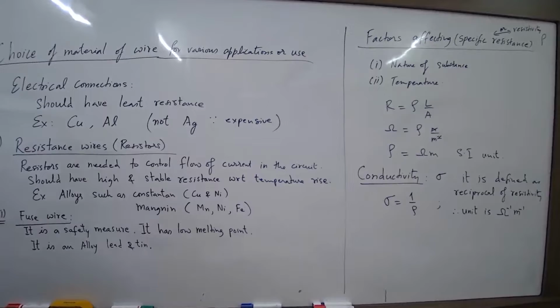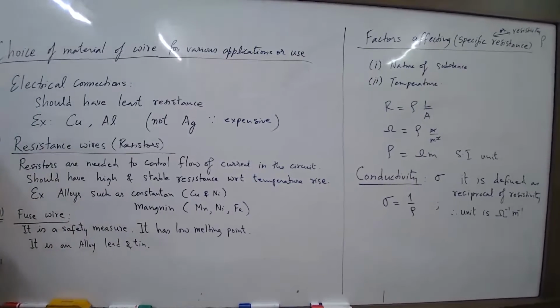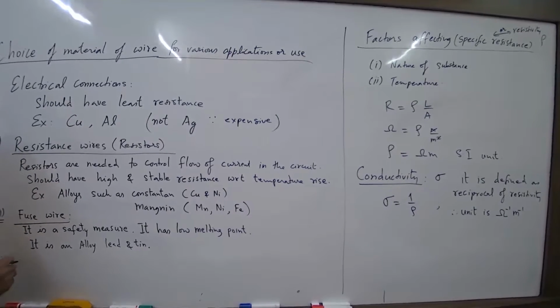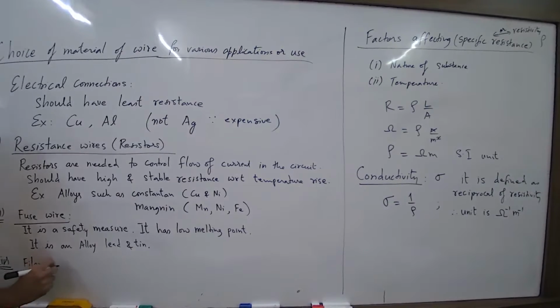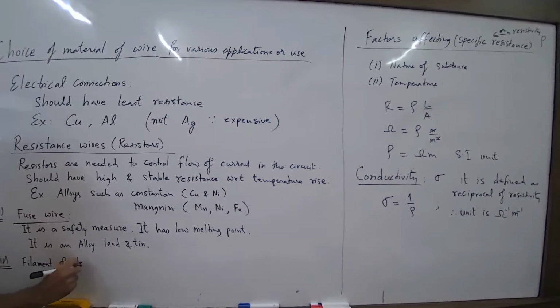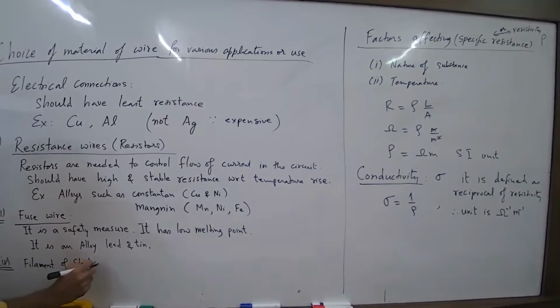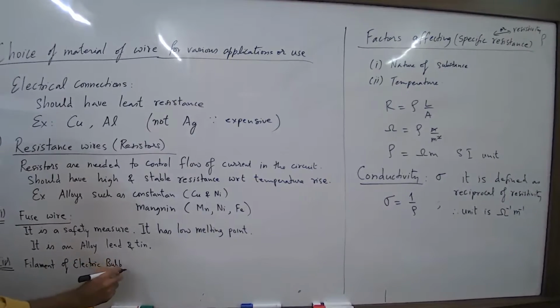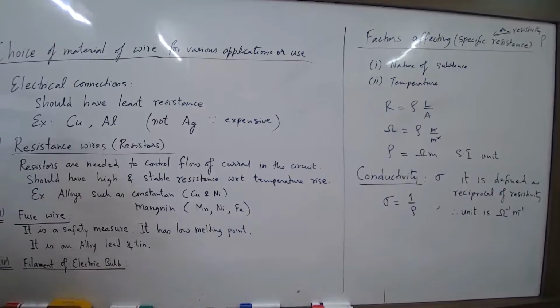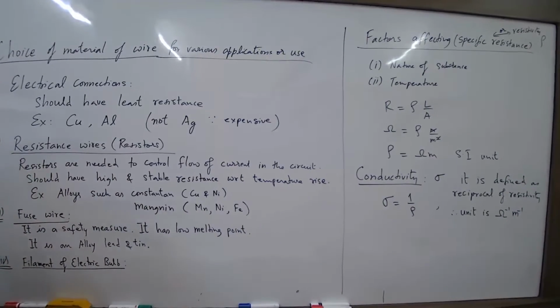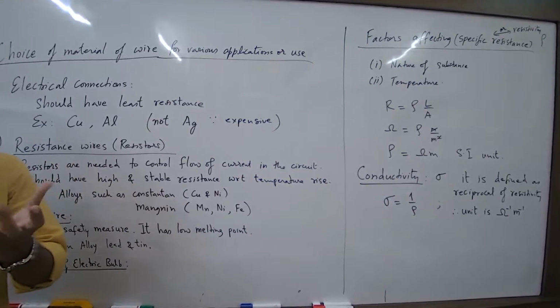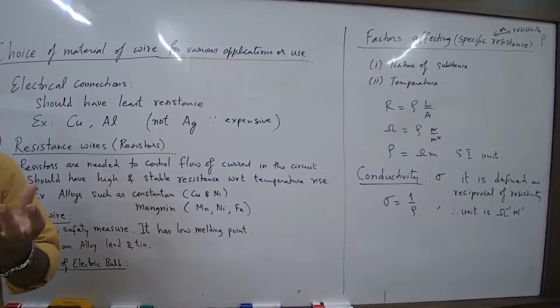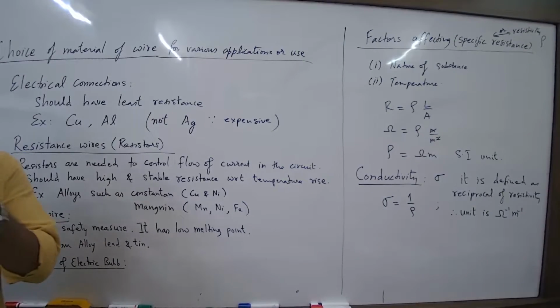Next, filament of an electric bulb. That is made up of tungsten, right? Have you seen an electric bulb with a filament? In the olden times we used to use it. Even today we use some colored bulbs, we call it 0 watt. But it takes a lot of electricity, so we don't use it.